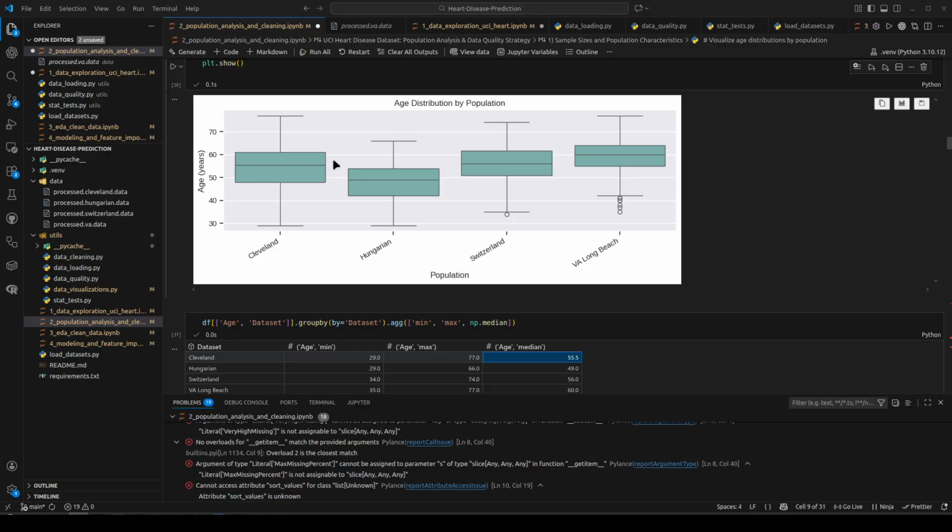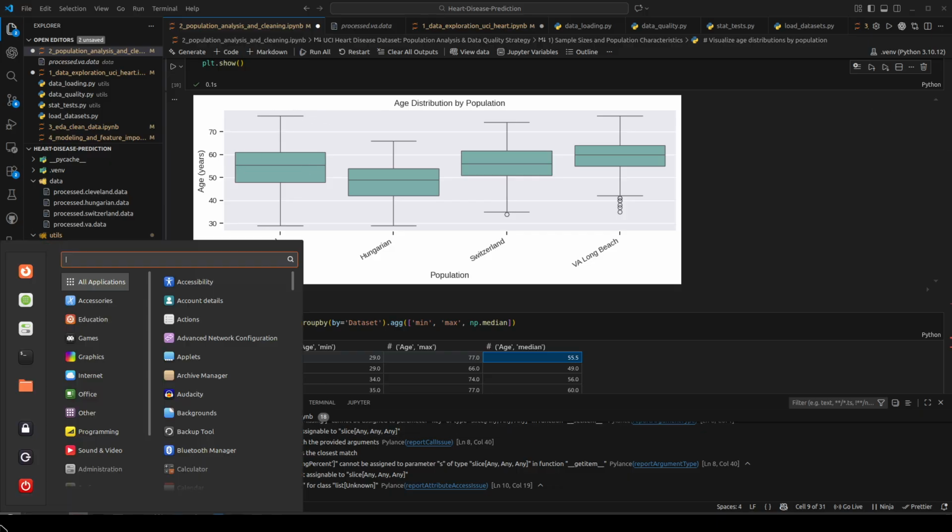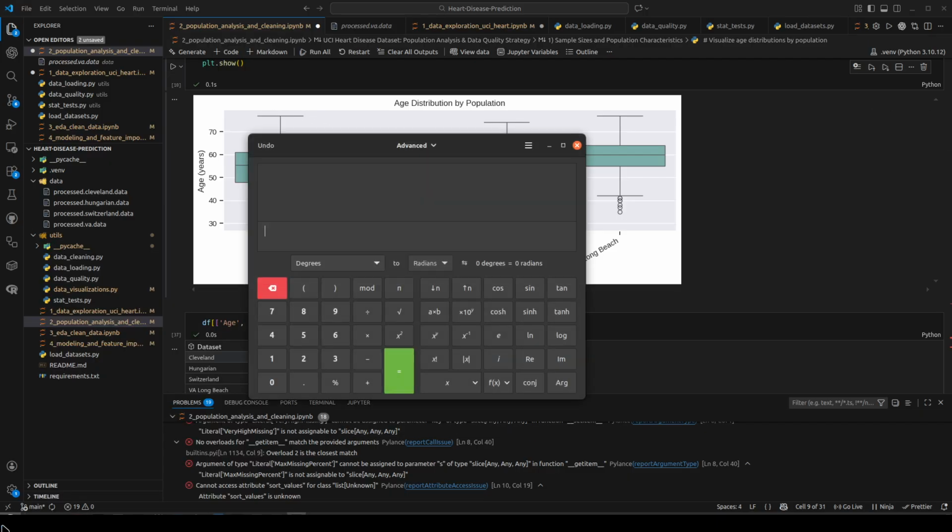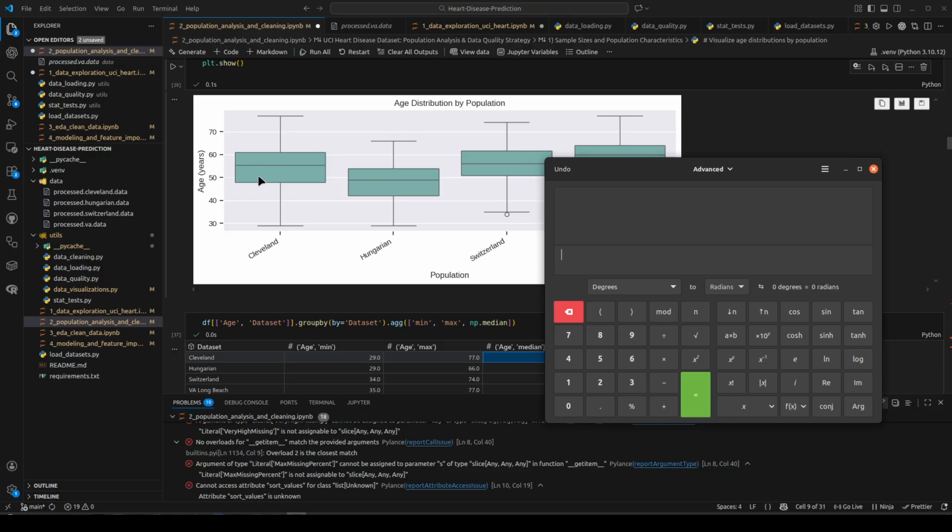Well, you multiply that by 1.5 and you add it to the median and you have this over here. So if we were to do this very loosely, we could say 61 minus, let's say 48, right, times 1.5, and now we have our median, which we defined as 55.5 earlier.